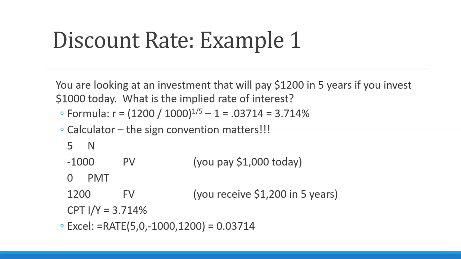What is the implied rate of interest? Well, the future value is $1,200, the present value is $1,000, and the time period is 5 years. That gives us a rate of 3.7% implied interest. We can also use the rate formula in Excel to calculate that for us, or a calculator equation as shown here.